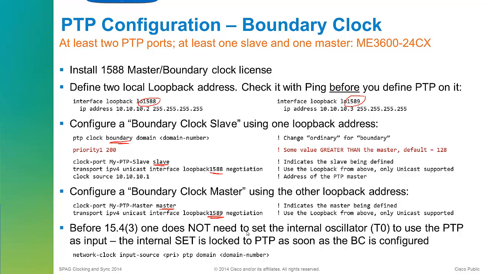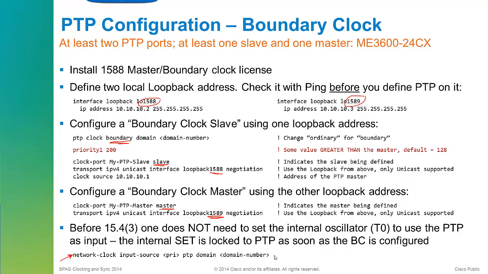So, PTP clock input source. If you need to have PTP drive the local device, then you configure this much like you did with the slave clock. You can use this to do it, and you also can do the same thing on the 901 and the 903, exactly as if you're a slave.